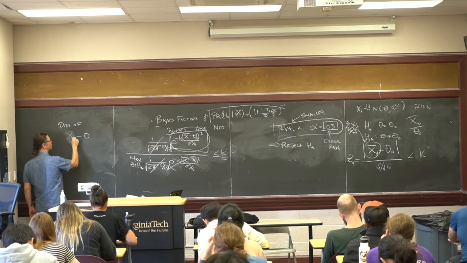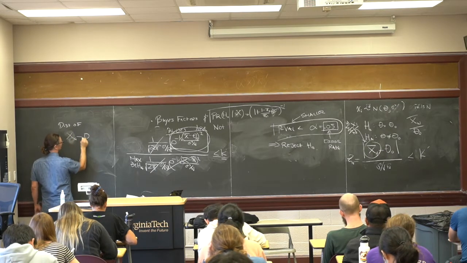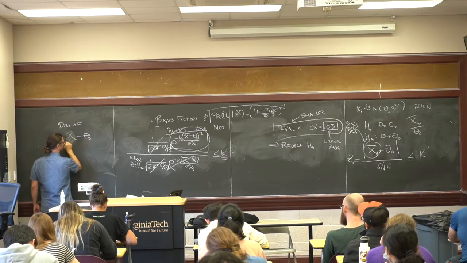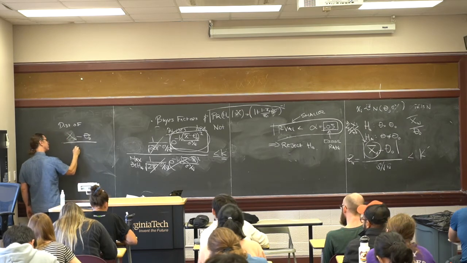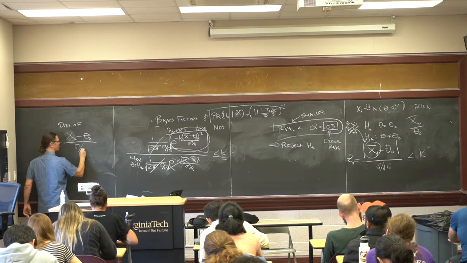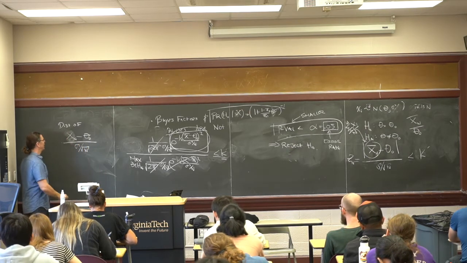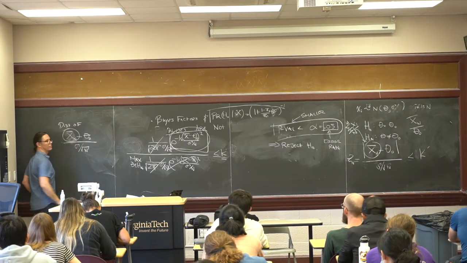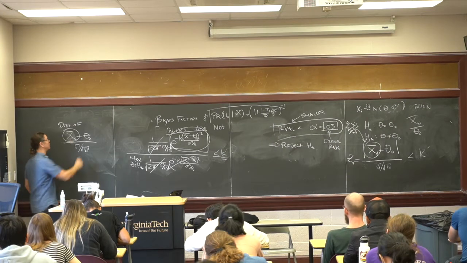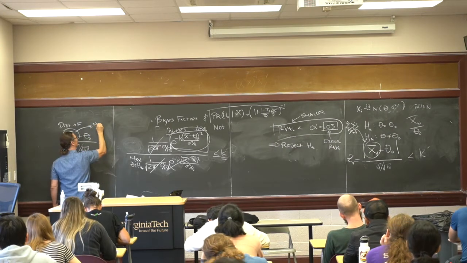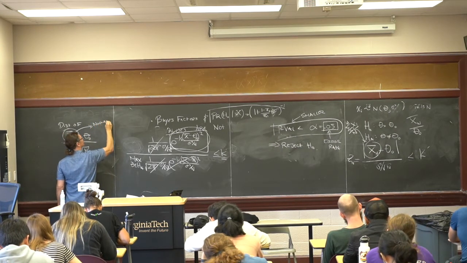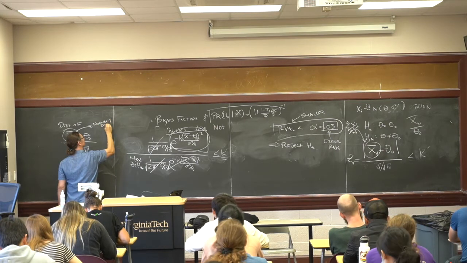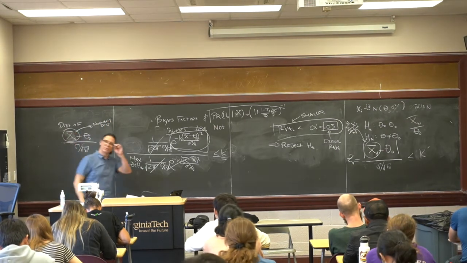Let's not do the absolute value. How is this thing distributed? Normally distributed. Why is that true?